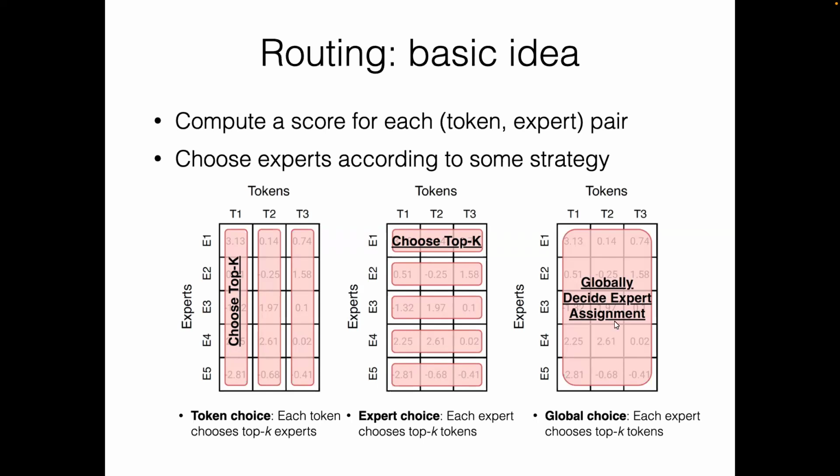You could imagine that this is maybe optimal, but as a spoiler, what ends up being used in practice is one of these top K methods. We'll go through each one of these, and in particular, token choice is really used in a lot of the current methods. So we'll go into the most detail on this one, but then we'll talk about the trade-offs of the other ones.